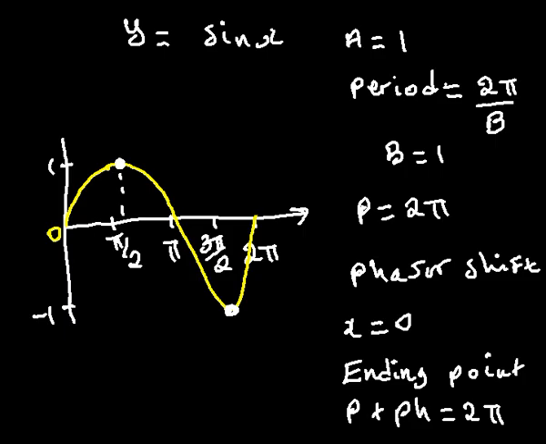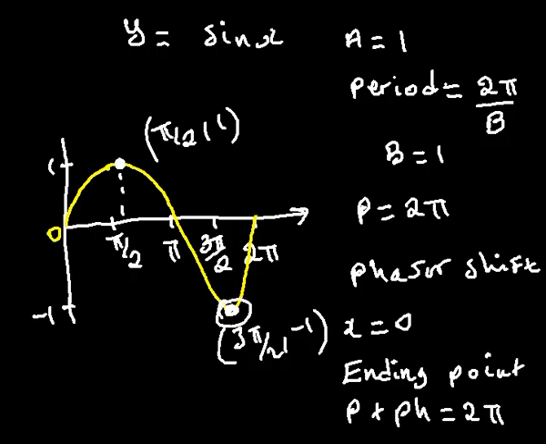It is pi over 2. And what is the y value? It is positive 1. And what are the coordinates here? This one is 3 pi over 2, comma, negative 1. So those are the coordinates there.